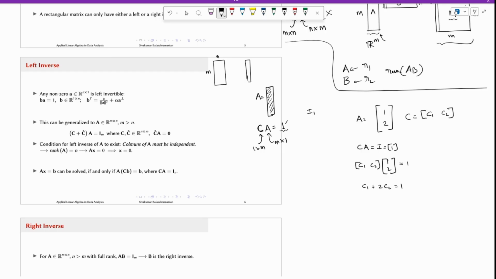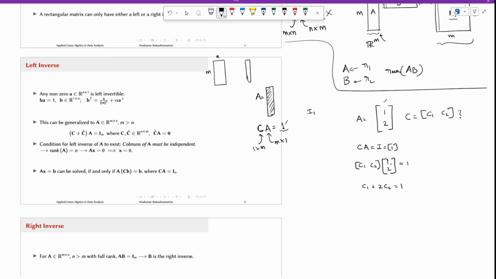All right, I'm just going to continue. Matrix A is full rank because it's got one column and the column is not 0. Rank is 1. Now the question is, how do we find a matrix C whose elements are C1 and C2 such that C times A gives me 1?